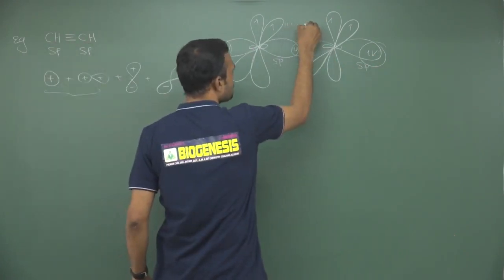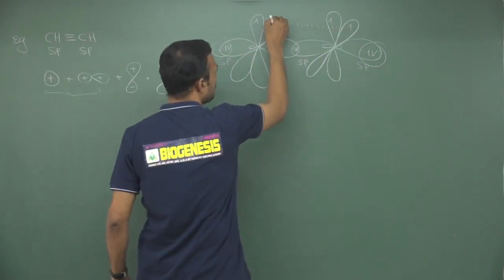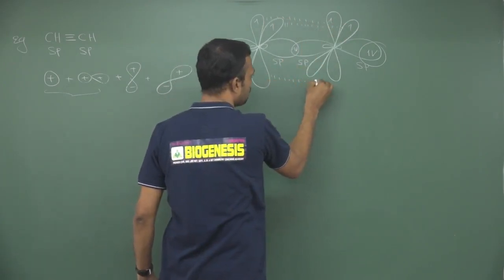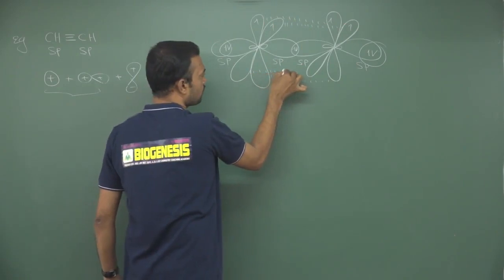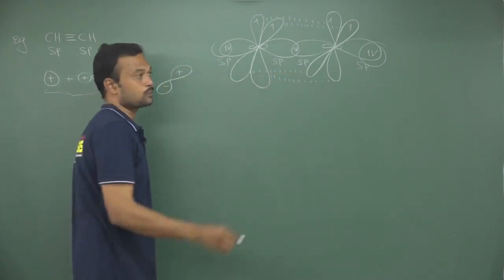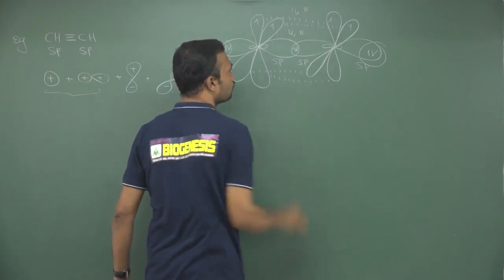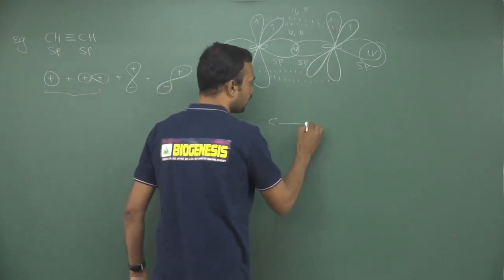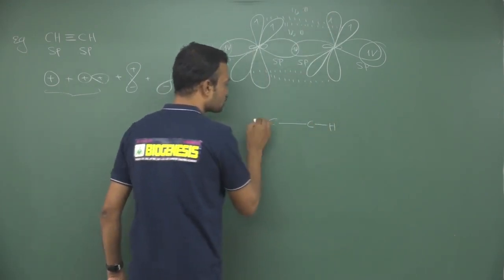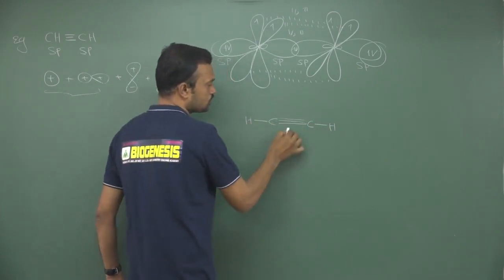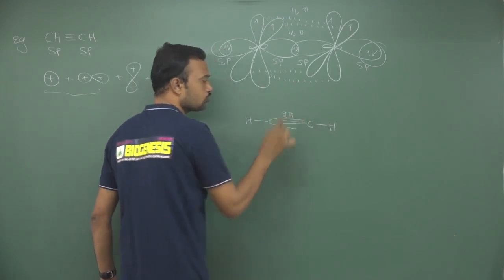And see, this is pz, and here also pz, sidewise overlap, py overlap, pz overlap. So this is responsible for half pi bond above, half pi bond below. Finally carbon carries one hydrogen, here also one hydrogen, there is a pi bond, here also a pi bond. So this is a sigma bond, and here there is formation of two pi bonds.